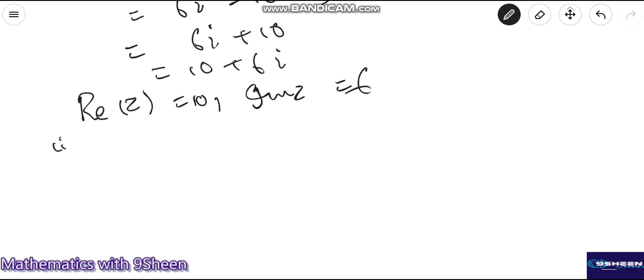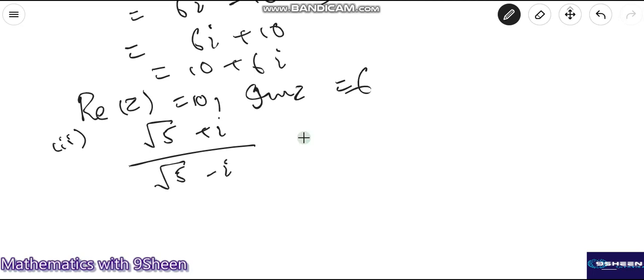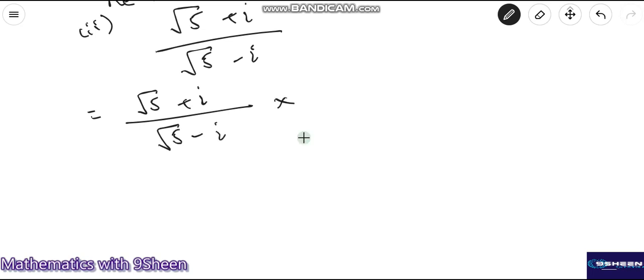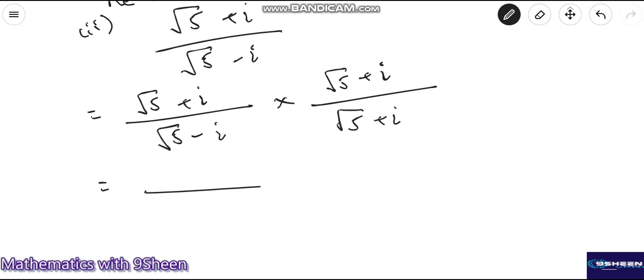Second part is root of 5 plus iota, root of 5 minus iota. Take the conjugate. What is root 5 plus iota? Okay, it is a minus b, a plus b, a square minus b square.